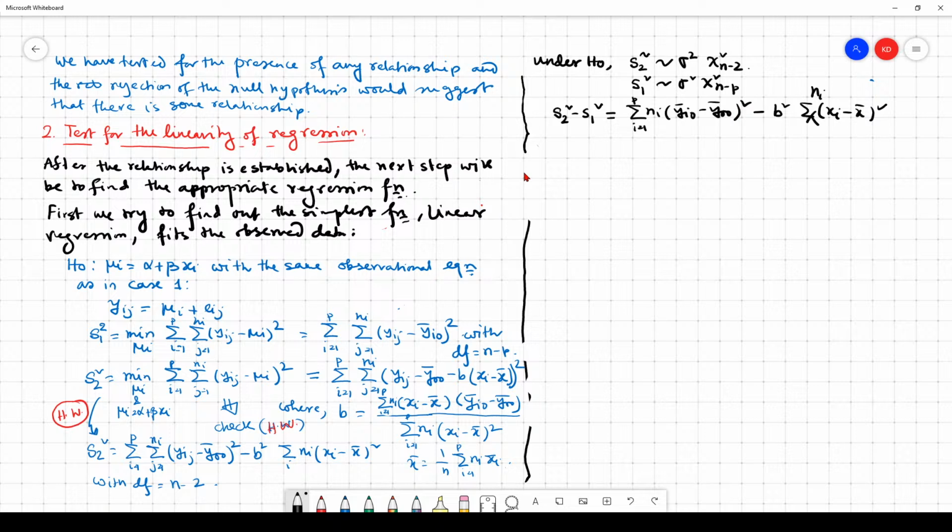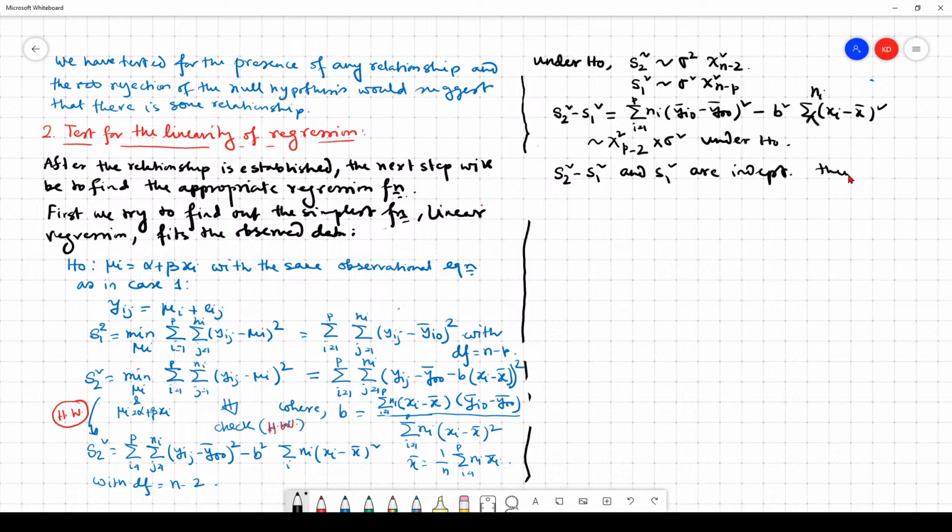And this follows, under H naught, chi square with p minus 2 degrees of freedom into sigma square. And these are independent, S2 square minus S1 square and S1 square are independent. Just use Cochran's theorem.